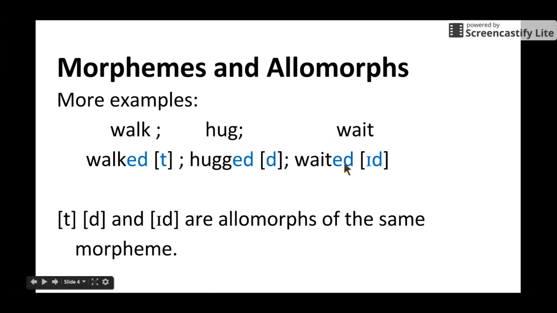And if it follows an alveolar sound, an alveolar stop, then we get id, like waited, hugged, and walked, right? So t, d, and id are allomorphs of the same morpheme. This time the morpheme is the English past tense.